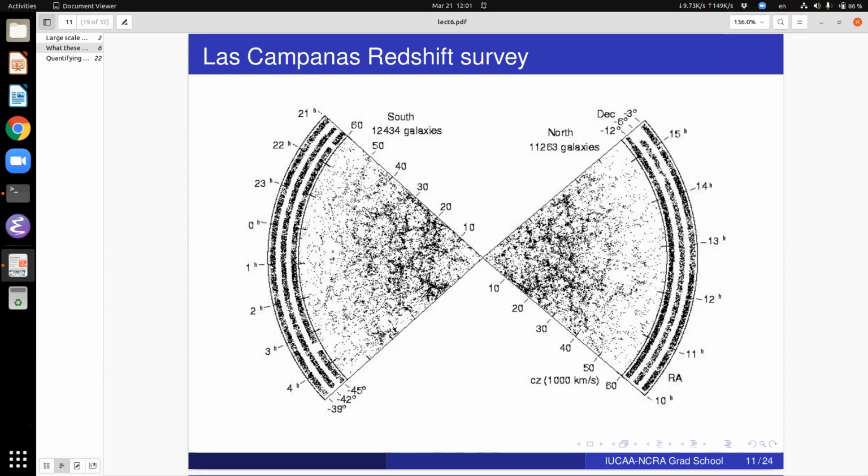What are those bands? What they've done is they are in different declination ranges. You see this -39, -42, -45, etc. Over here they've combined all of them together, right?